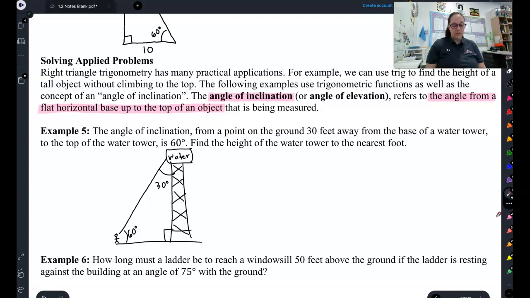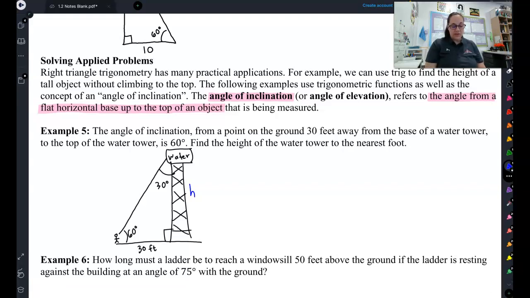And you'll notice once again, I tried to make the shorter side across from the smaller angle, the longer side across from the bigger angle, so I could draw them proportionally. Now we also know that this is a point 30 feet from the base of the tower. So that is 30 feet. And we want to figure out how tall is the tower. What is the height of this water tower? It says to the nearest foot.